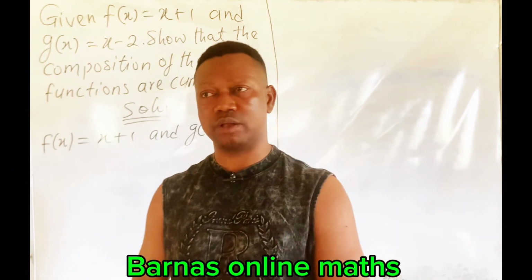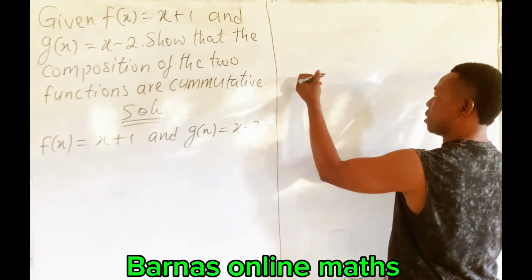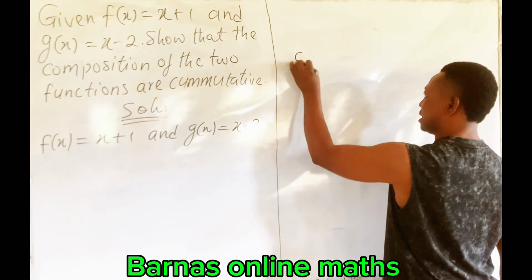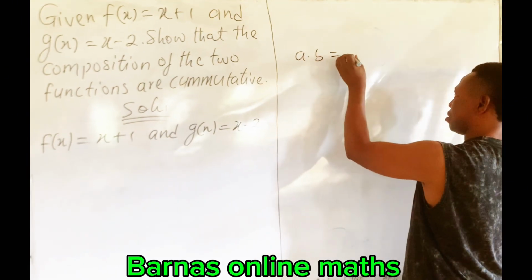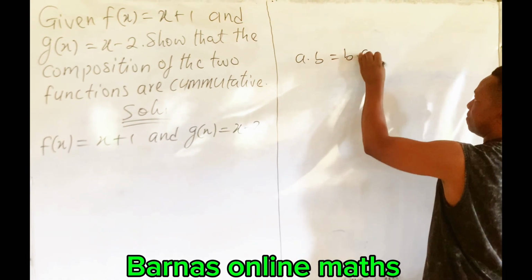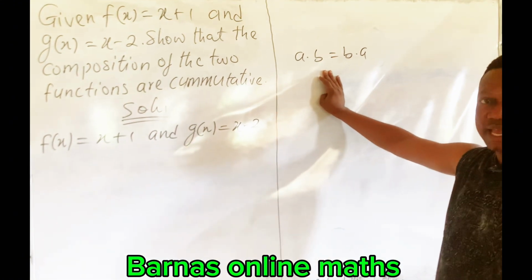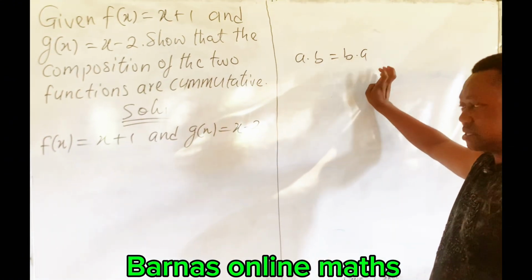What do we understand by commutative? We're asked to show that, let's say for instance, a dot b is equal to b dot a. That a times b is the same thing as b times a.